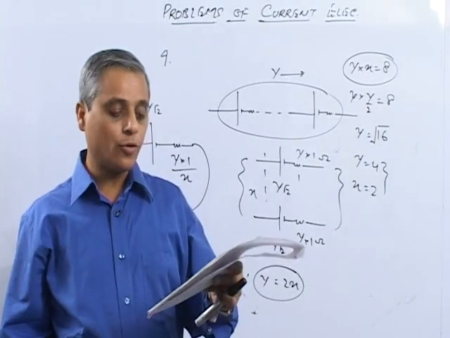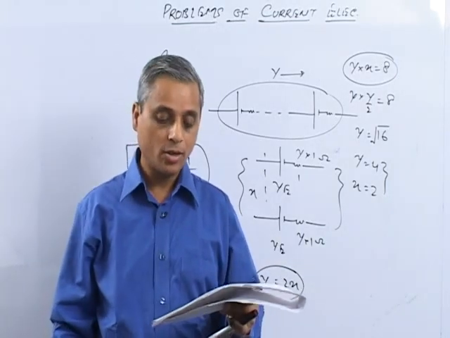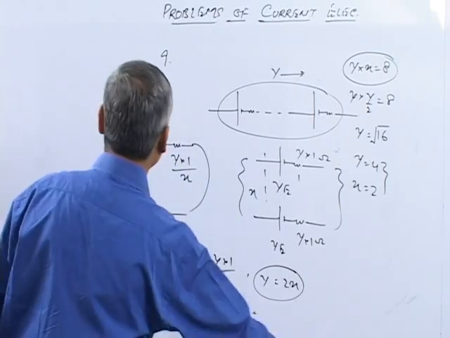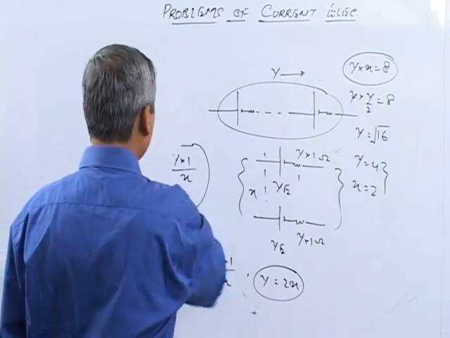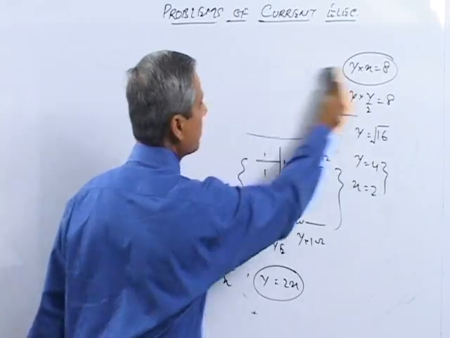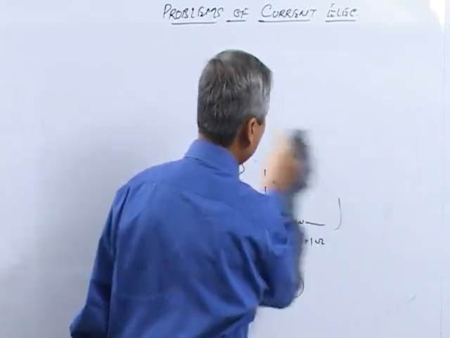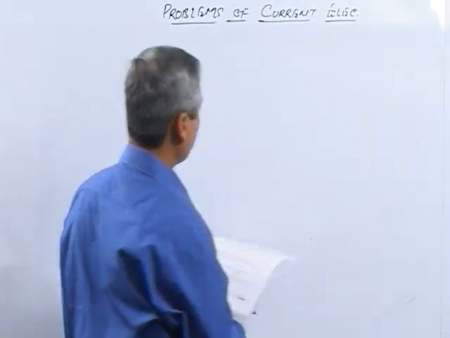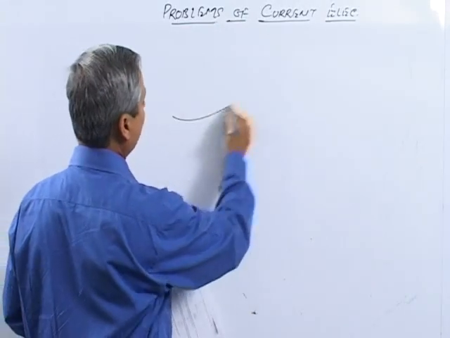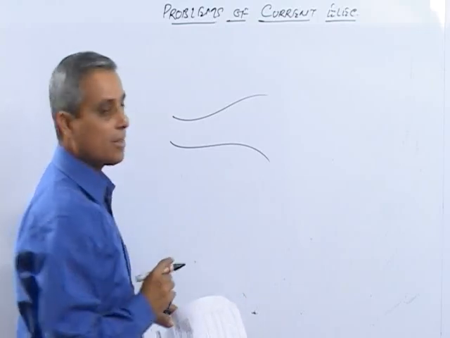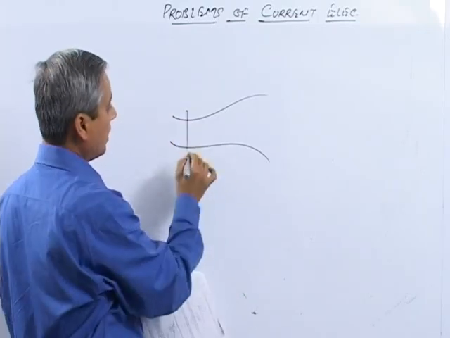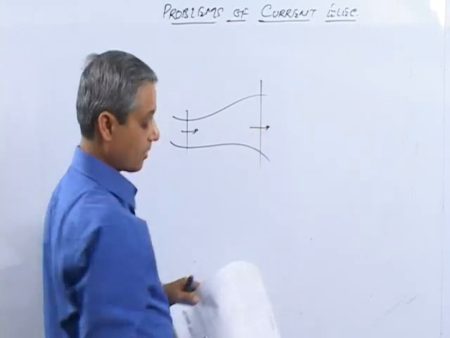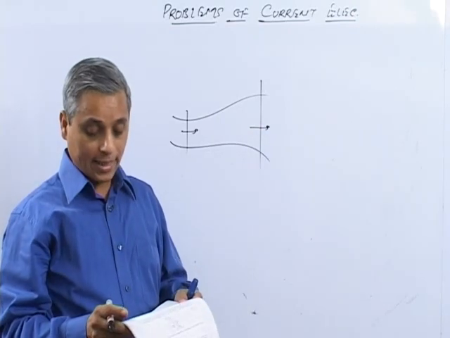A steady current flows in a metallic conductor of non-uniform cross section. Question number 10, see, a constant current, a steady current is flowing through a conductor of non-uniform cross section. That means the conductor is such that its cross section varies, maybe somewhat like this. Now here, when the cross section changes, what quantities change?